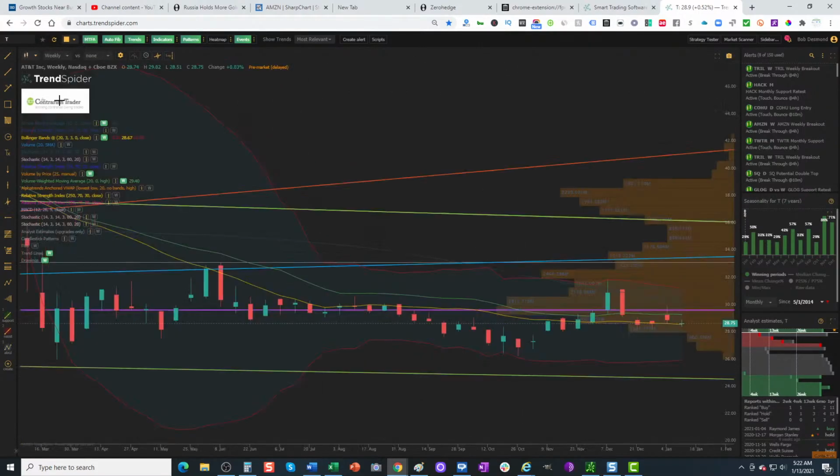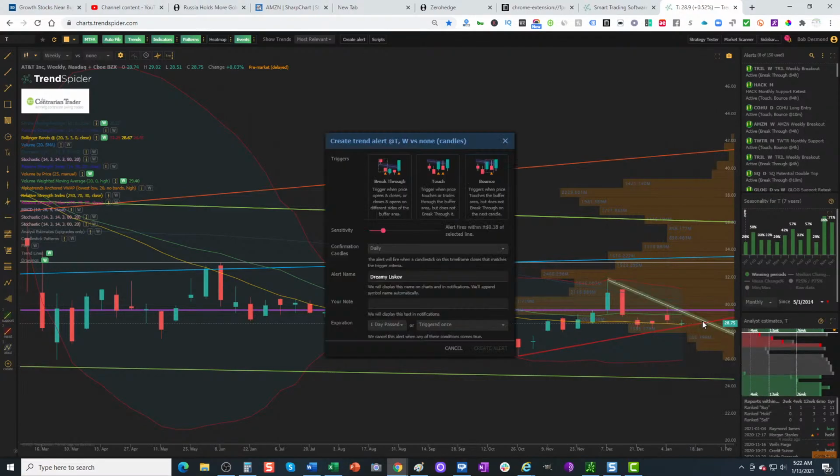Weekly chart. You're starting to see higher lows get put in here. I'm going to set up an alert here. If we get a breakout, that would be interesting.